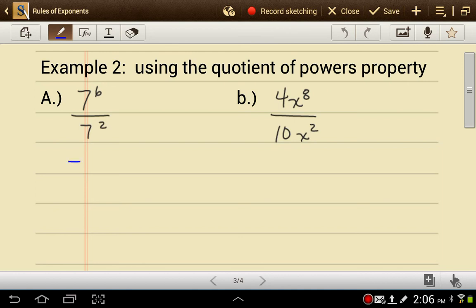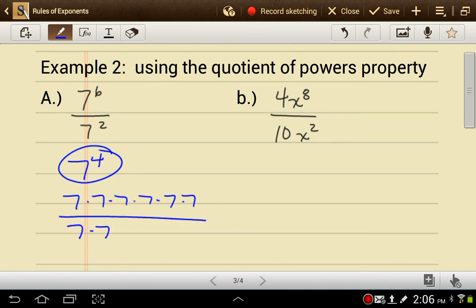So that's 7 to the 4th power. That's your final answer. Again, if I were to write this out, I would have my 6 7s on top and my 2 7s on the bottom. I would cross off or simplify. That leaves my 4 7s in the numerator, so that's 7 to the 4th power. Now, if I wanted to multiply that out, I could, but I'm just worried about getting it into exponent form.